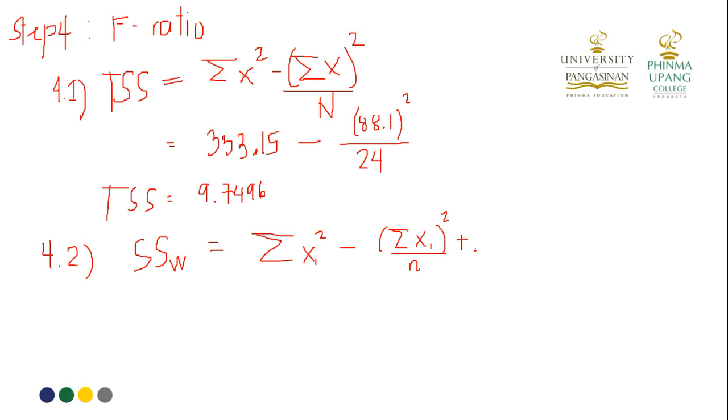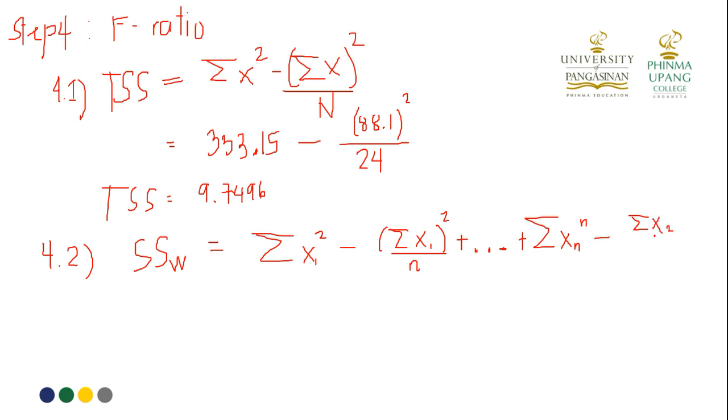Tapos, ipa-plus natin yan, dot, dot, dot, plus ulit, summation of x sub n, depende kung hanggang kailan, hanggang kung ilan yung group or yung itetest natin. Hindi nyo na i-memorize ito ha.